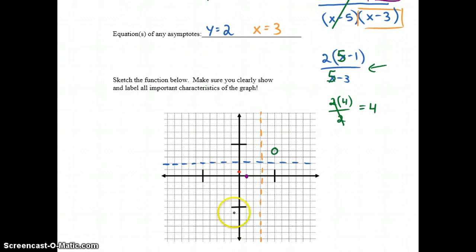Since I have so many points already, I can probably just sketch it in. I know that it's going to look something like this. And since I have to go through those dots, the y-intercept and the hole as well, my rational function will probably look like this.